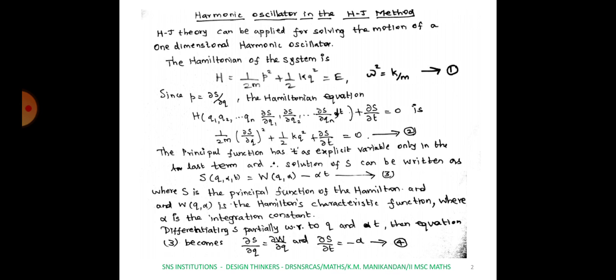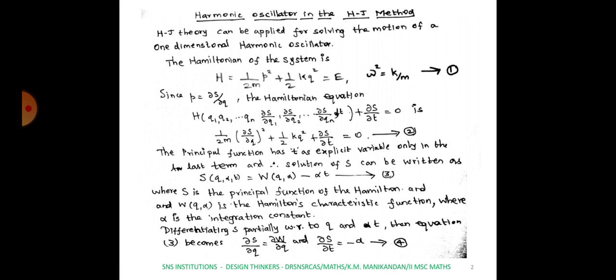But the generalized momentum p is equal to dou S by dou q. That is, by differentiating the principal function S partially with respect to the generalized coordinate q, we get the generalized momentum p. Now we know that the Hamilton-Jacobi equation is H as a function of q1, q2, q3, ... qn, comma, dou S by dou q1, dou S by dou q2, ... dou S by dou qn, comma t, plus dou S by dou t equal to 0.